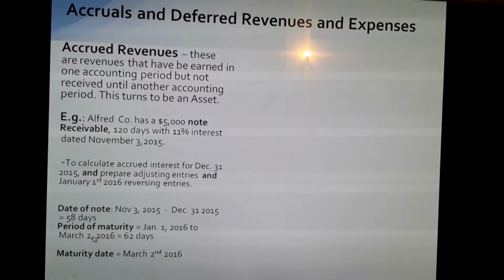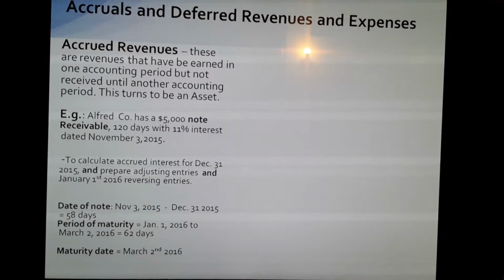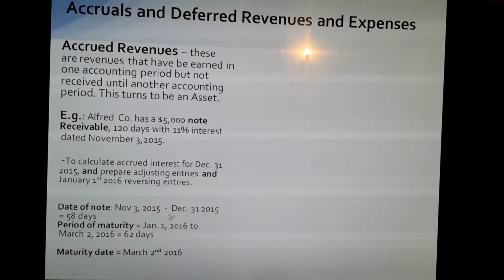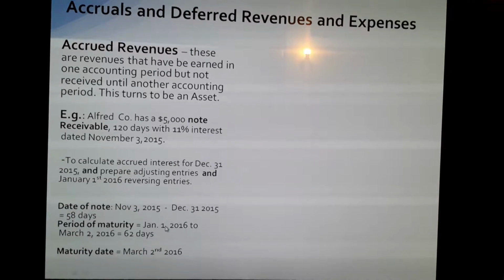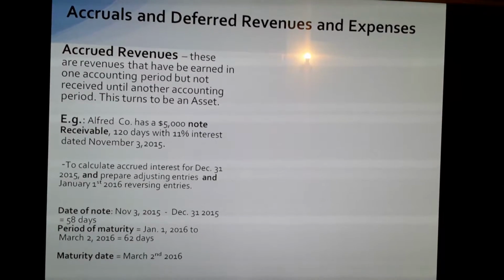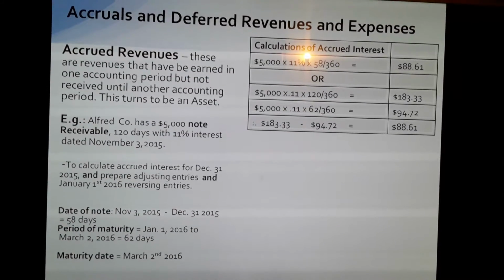You have to take account of the leap year and count it here, because we are dealing with 2016. So it's 62 days from January 1st to March 2nd. Remember this is a 120-day note that we receive, so the maturity date is there. So let's see how we calculate that.